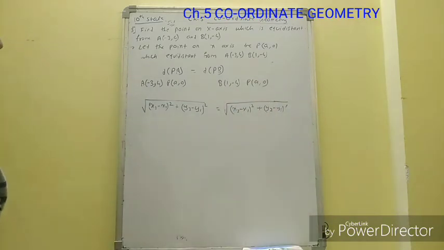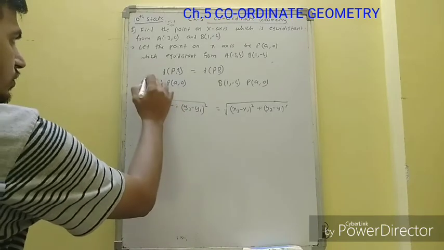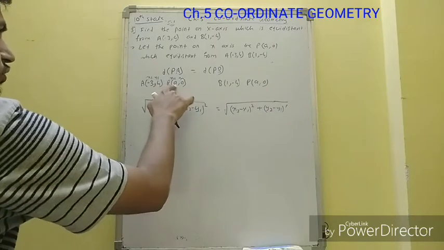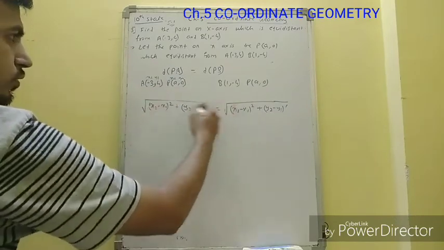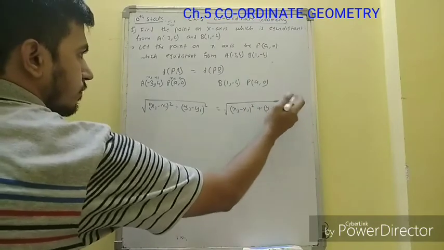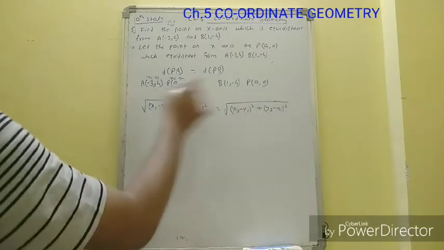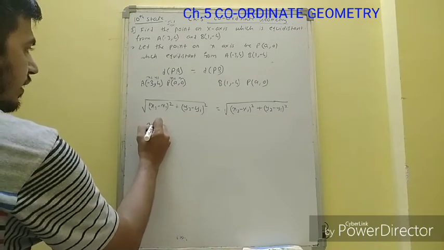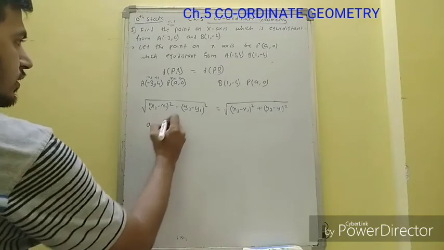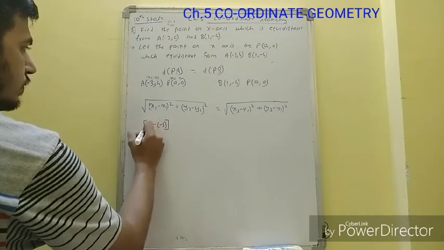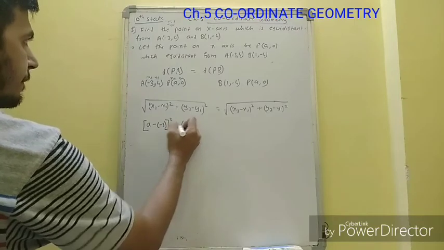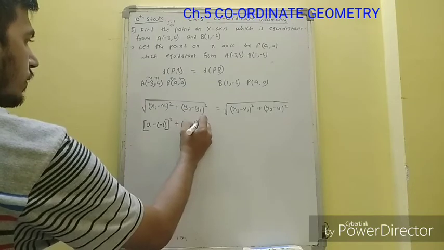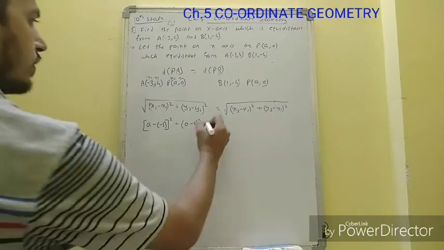So this is x1, y1, this is x2, y2. See, both sides have the square root sign, so both the square roots will get cancelled by squaring both sides. So we will have (a minus (-3)) the whole square and (y2 minus y1), so (0 minus 4) the whole square.